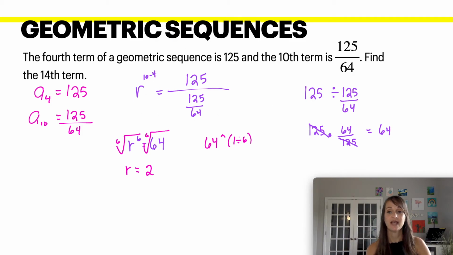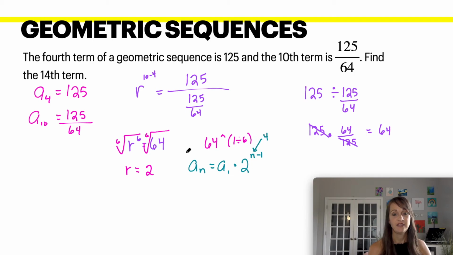Now we are going to have to write what part of the equation we know so far. We know not a of 1, but we do know r to the n minus 1. Now, we are going to choose one of these terms to plug in to find a of 1. Well, I know if I plug 4 in for n, then I should get an answer of 125. So 125 is going to be what you get if you plug in 4 into n.